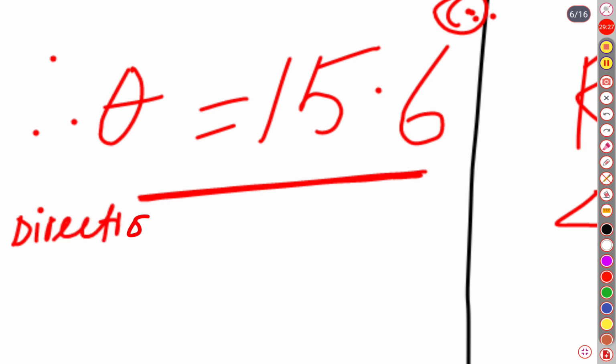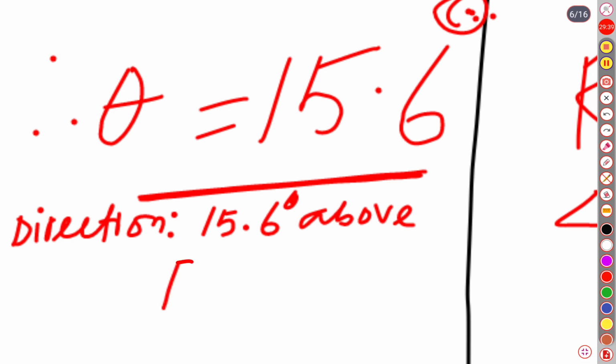Direction is 15.6 degree above positive x-axis.